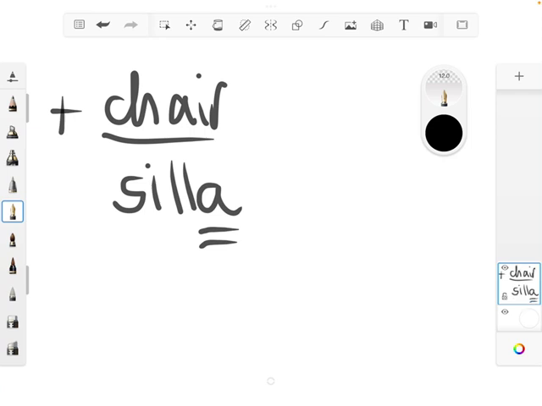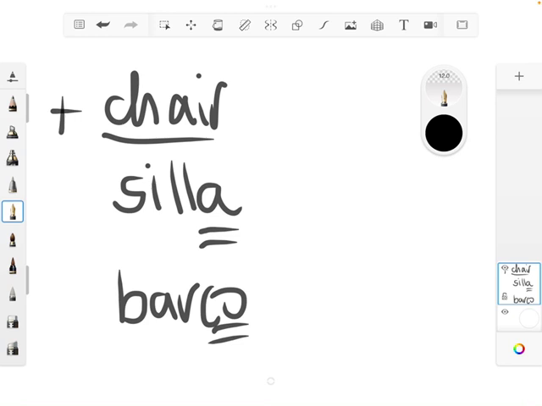Oftentimes we can tell if a word has feminine grammatical gender by the ending. If it ends in an A, it will often have that feminine grammatical gender. If it ends in an O, like the word barco, which means boat, then it'll be masculine. This is not always the case, but generally speaking, it is what is typical.